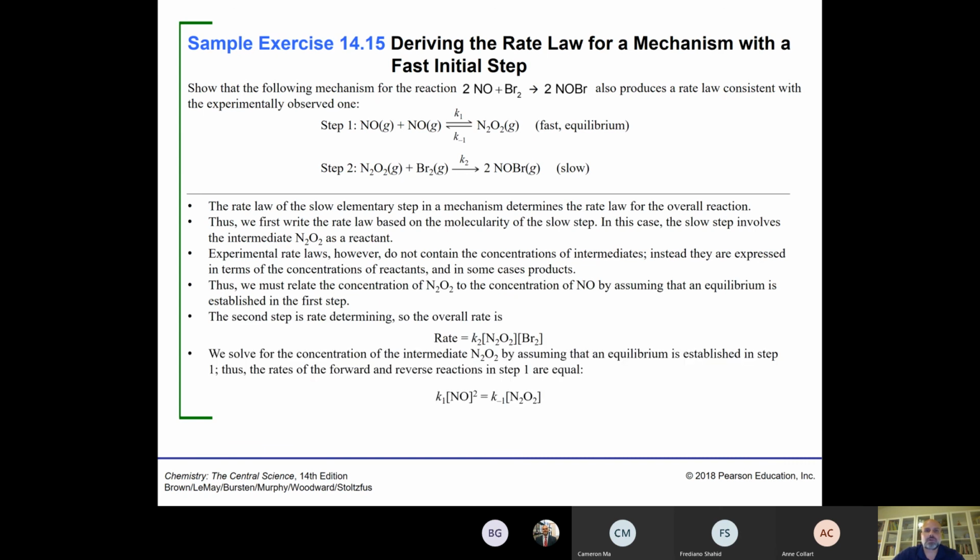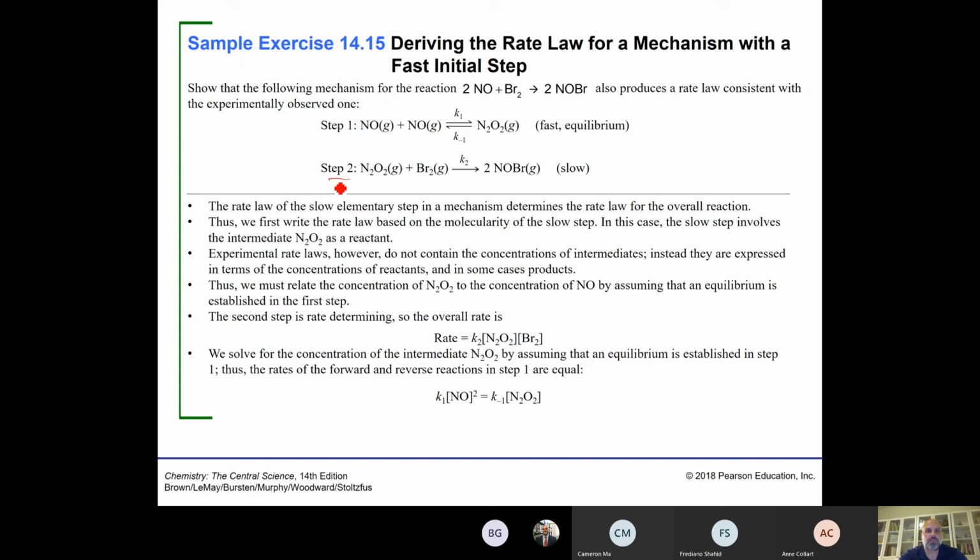And in this example, they threw a curveball at you because the first step is both fast and in equilibrium. In this case, we have to take into account the concentrations occurring in the first step in addition to the second step. Let's look at the individual reactions first, with two different equilibria, two different steps.